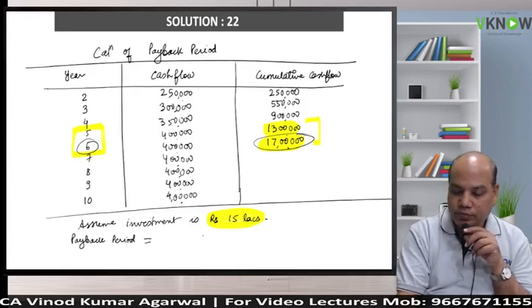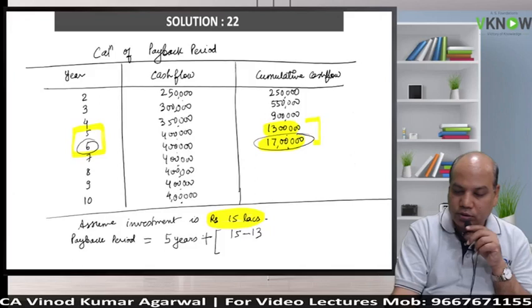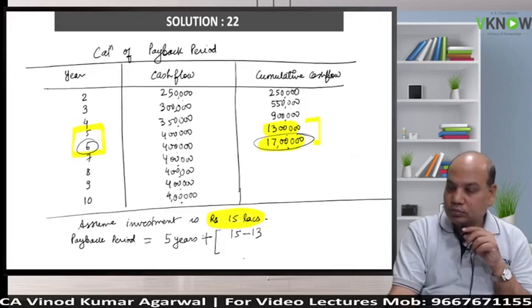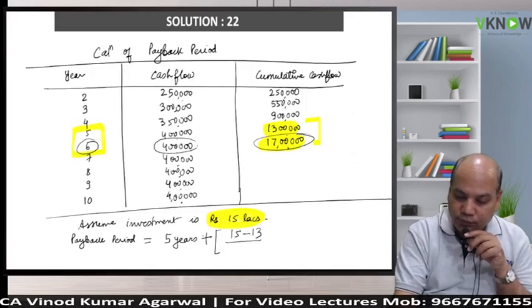Yes or no? So it means 5 years minimum you have to go. You have to recover 15 lakh. You have already recovered 13 lakh in 5 years. And how much more you will get in the 6th year? You will get 4 lakh.